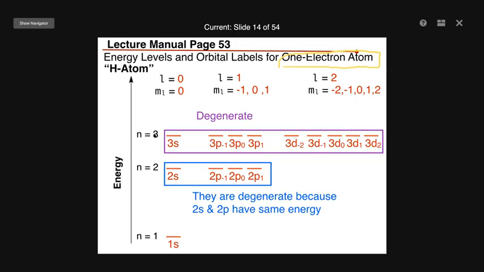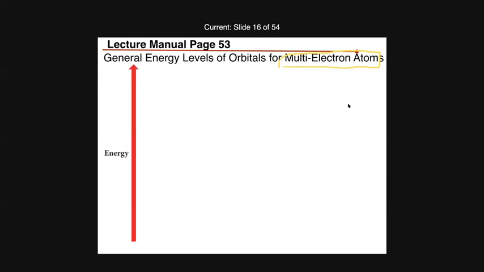When you have n equals 3, you have 3s, 3p, and 3d. If you have n equals 4, you are going to end up with 4s, 4p, 4d, and 4f, if L equals 3. But before I do that, I would like to go back here real quick, okay?